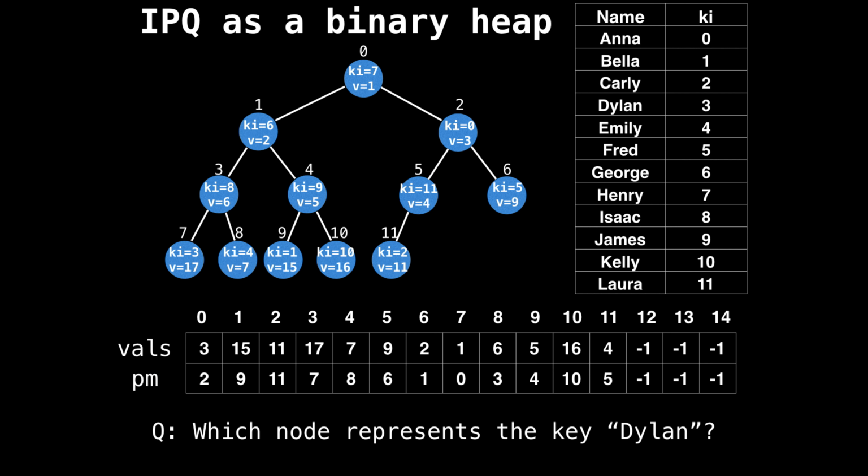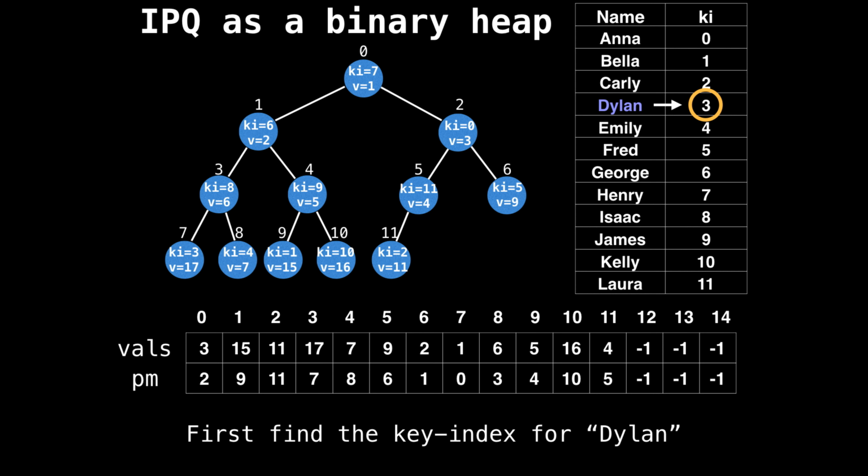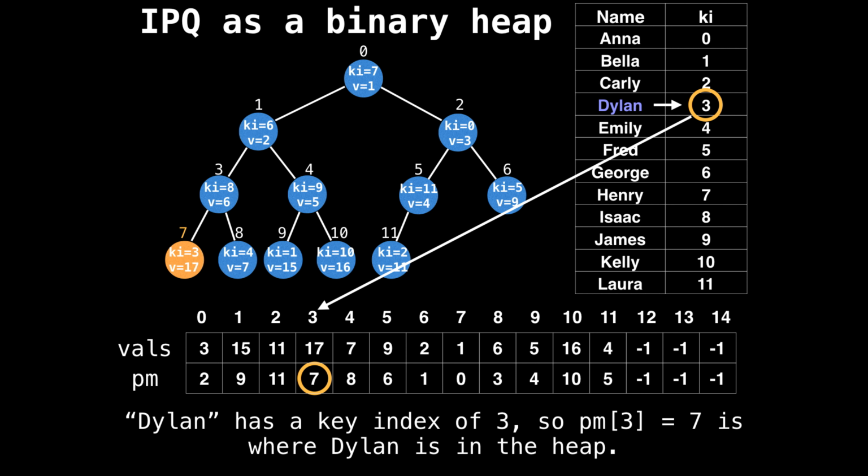As an example, let's find out which node represents the key Dylan. First, find the key index for Dylan, which happens to be 3. Then look up index 3 in the position map to tell you where Dylan is in the heap. It looks like Dylan is at the node at the index 7, highlighted in orange.